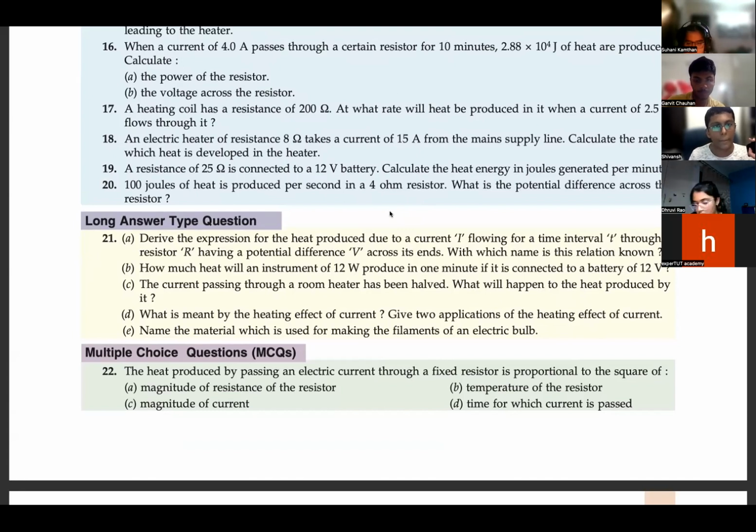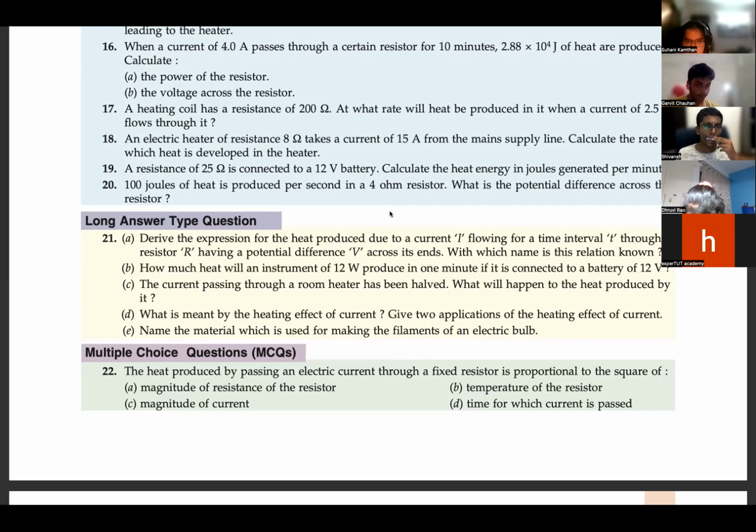Okay, 20. Suhani, tell me the answer of 22. The screen for 22. Which question?